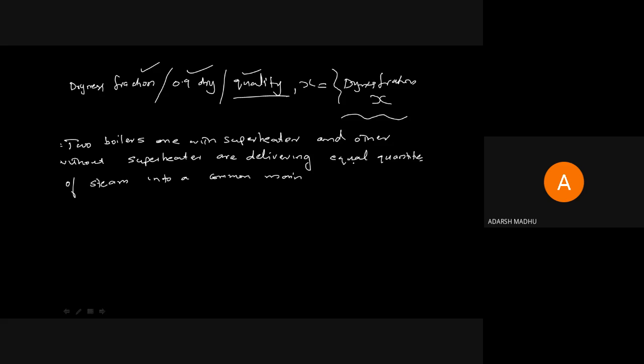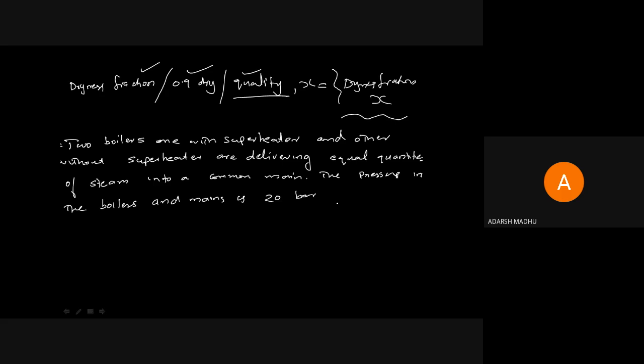The pressure in the boilers and the main is 20 bar. Both boilers and the main have a pressure of 20 bar.